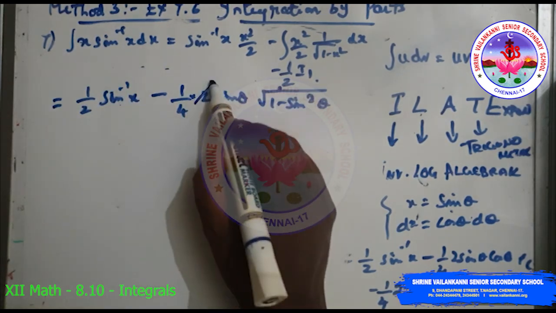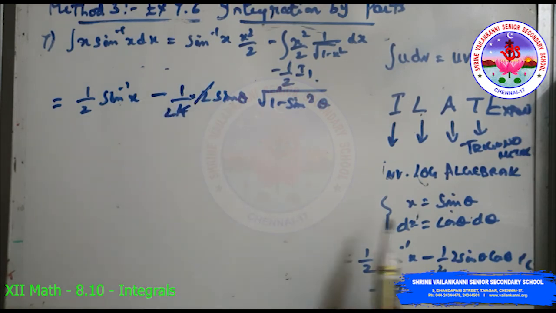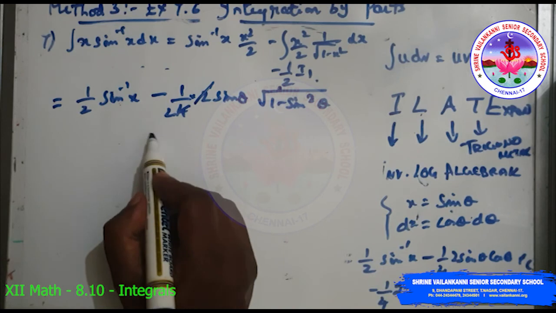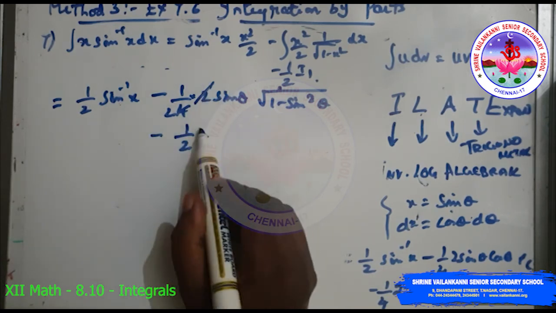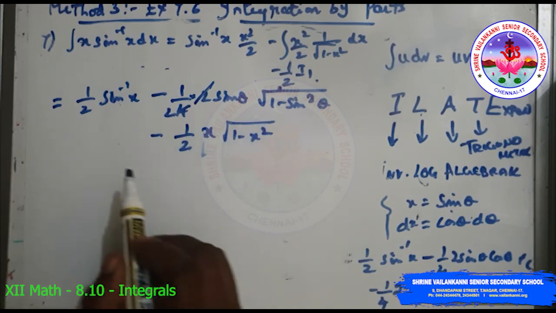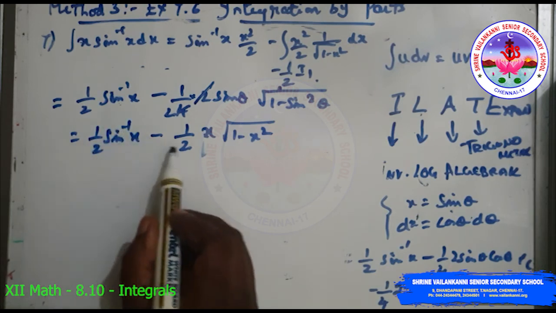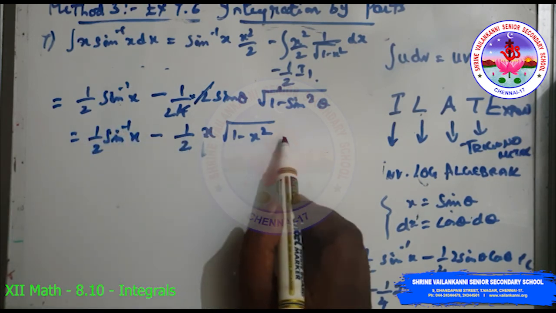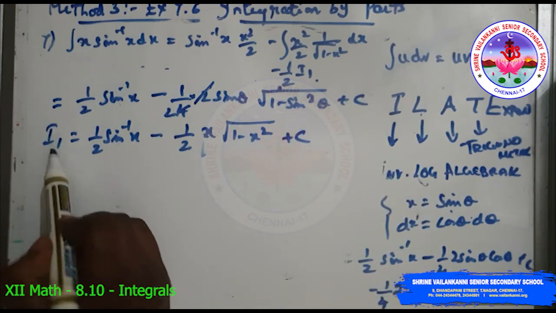So cancelling 2 and 4, sine theta is x. So I am writing this as 1 by 2 of x into root of 1 minus x square. So half sine inverse of x minus 1 by 2 x into root of 1 minus x square plus c. So I1 is this.